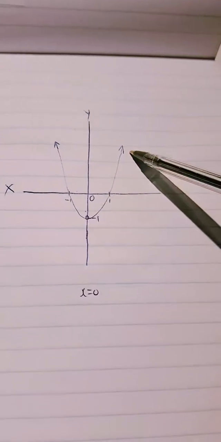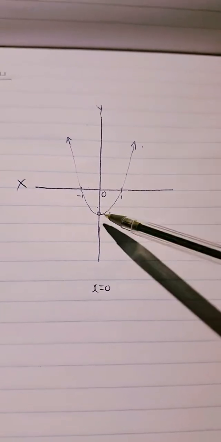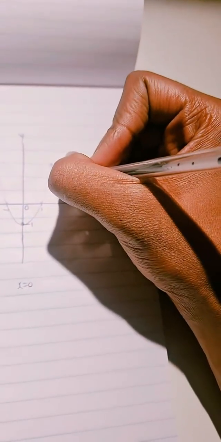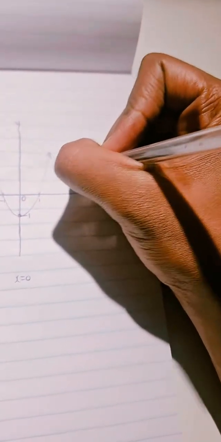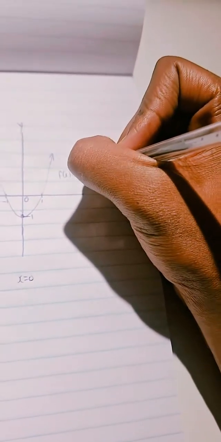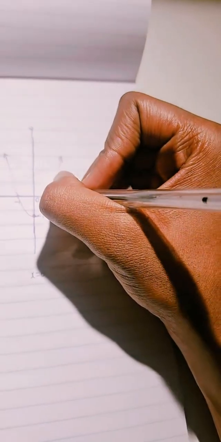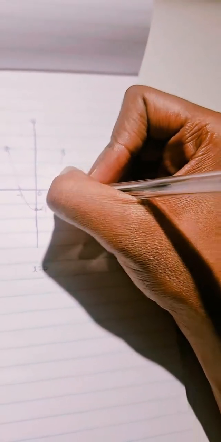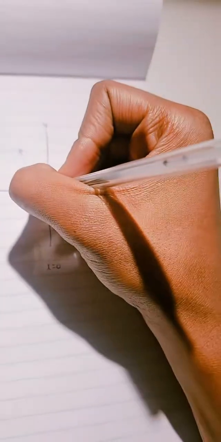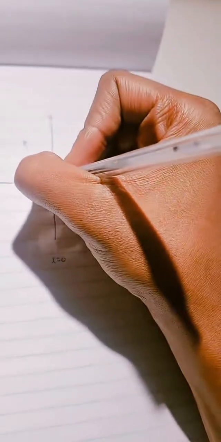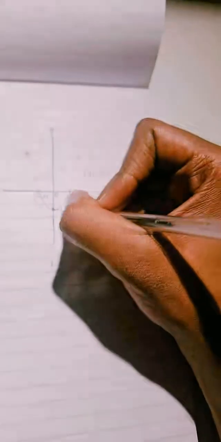There is the shape, it agrees. That is our parabola. We can then label it f of x is equal to x squared minus 1. Our coordinates here are 1 and 0, whereas here it's -1 and 0. And there, our y-intercept is 0 and -1.